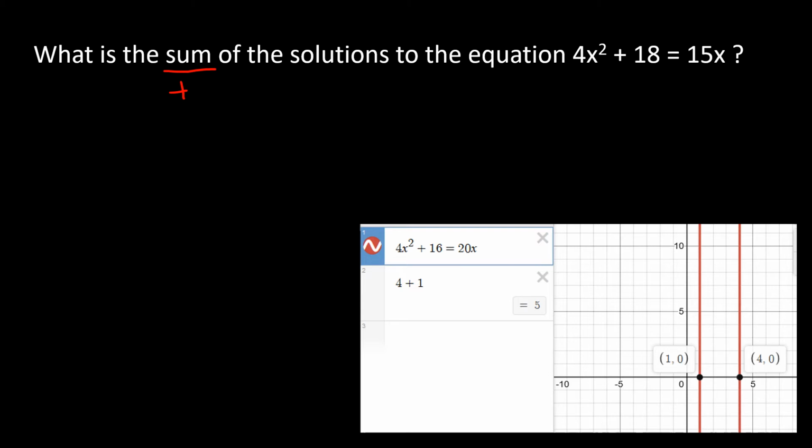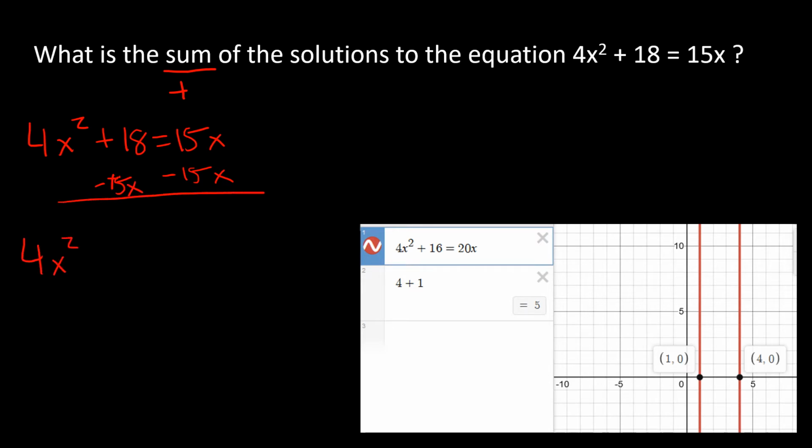We are also having to identify the value of x when we set this equation equal to 0, right? So when we typically saw this, we would see it as 4x squared plus 18 equals 15x. We'd subtract 15x from both sides. Okay, so we would have 4x squared minus 15x plus 18 equals 0.